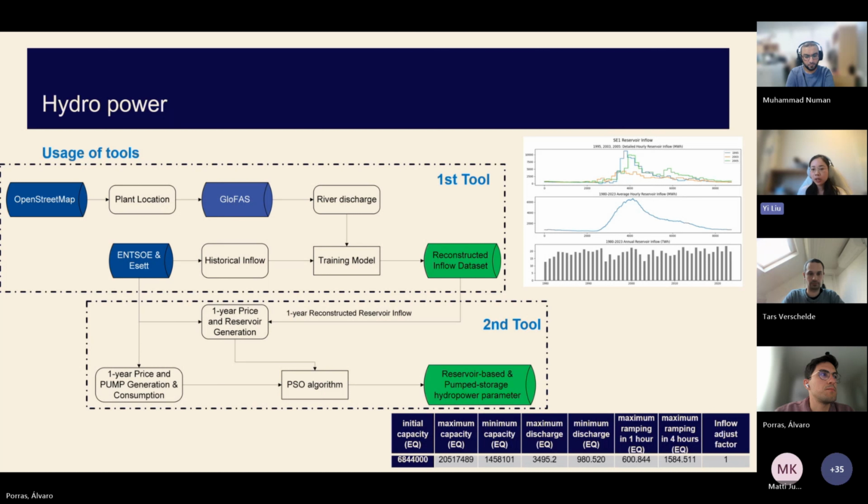So what you need to do is to feed this tool the detailed generation, like 1 year generation time series for the reservoir-based or for the pumped storage hydropower, and then you can get the mimicked, let's say, virtual hydropower plant for your provided time series data.